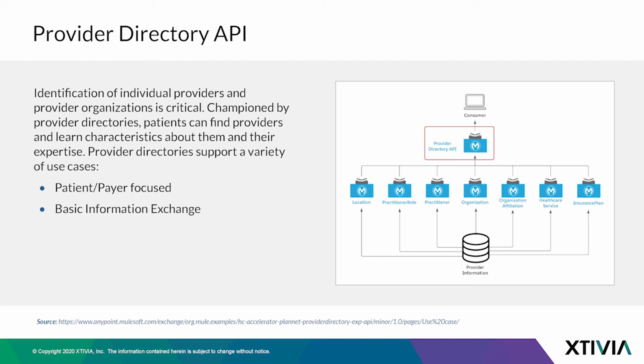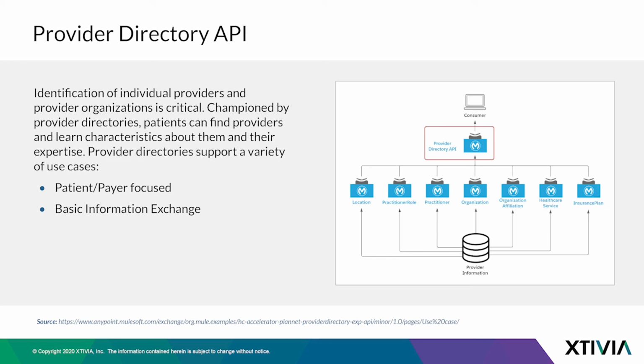The patient can find providers and learn characteristics about them and their expertise, right? That will help you choose the kind of provider you want to go to. The provider directory supports a variety of use cases, and one is patient payer focused, a basic information exchange, which is geared towards peer-to-peer data exchange.